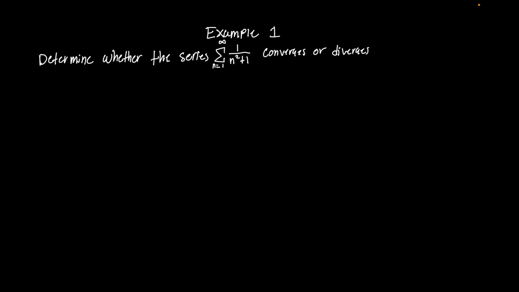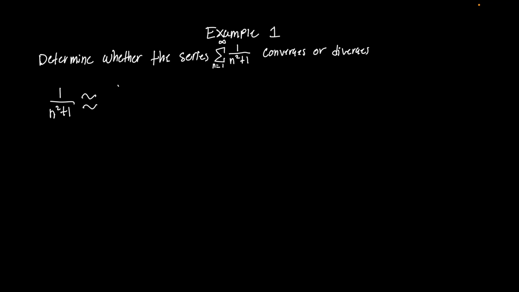In this example, if you guessed we're going to be using the limit comparison test, you're wrong, because we actually use a direct comparison test here. So why do we use the direct comparison test? Let's look at this term we have, 1 over n squared plus 1. What is a series that you can compare this to that looks really close?